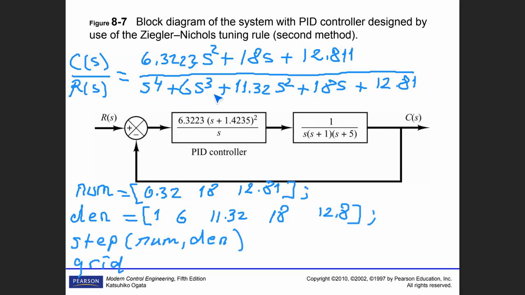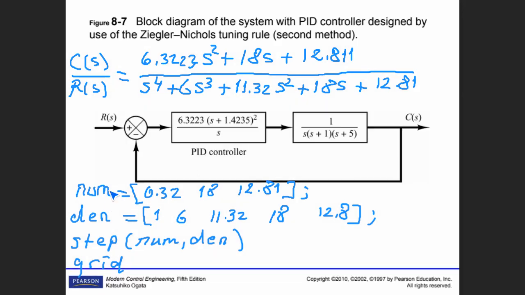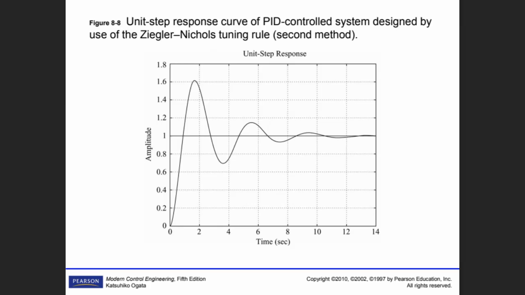This is your PID, added PID controller. That PID controller together with the system, you end up with this: num den and step num den grid. You end up with that terrible waveform. 60% overshoot, more than 10 seconds.